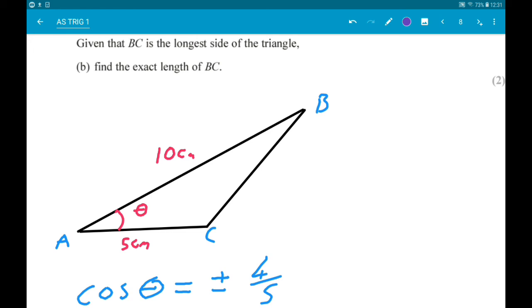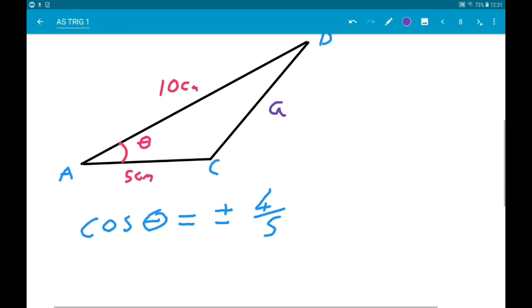So if we just call the length A, then we know by the cosine rule, A squared is 10 squared add 5 squared, so 125, minus 2 times 10 times 5 cos theta, so that's minus 100 cos theta.